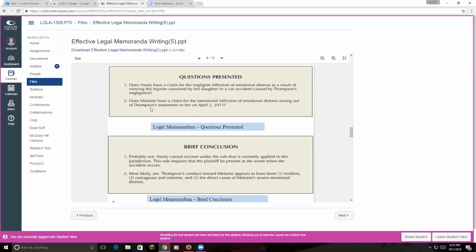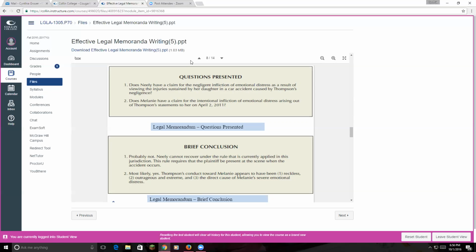Maybe he said that she had a pretty blue dress on, or maybe he said that she's a lying, stealing, blankety blank. We need to know what the statement is to even have a point of starting to think about whether intentional infliction of emotional distress is appropriate. So if we were to remove Thompson's statement to her on this date and actually say what the statement is or summarize what the statement is, then we might have a good second question.